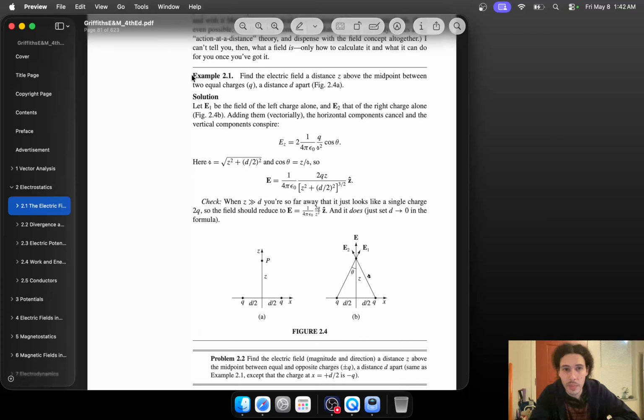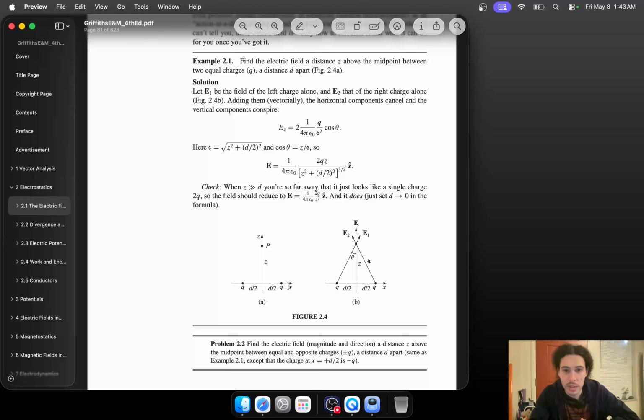So in this example here, he gives us a setup where you have these two charges and you're looking at the electric field. What is the electric field at some point P, some distance Z above the center of these two charges?